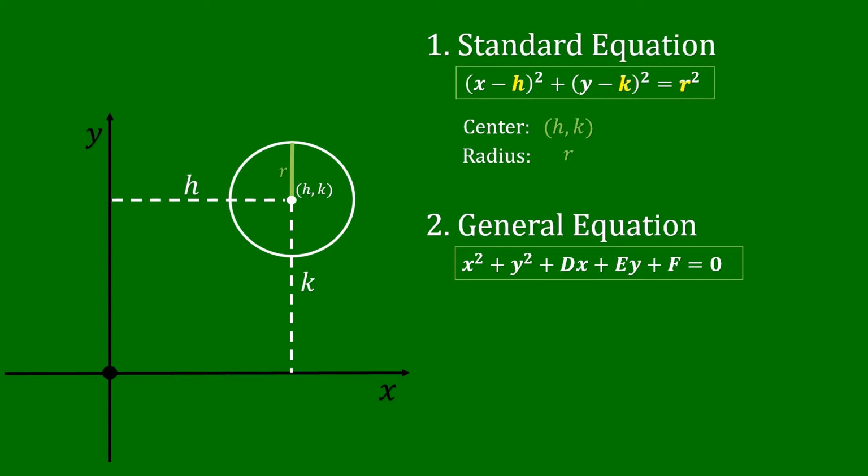Moreover, if we have the general equation of a circle, x squared plus y squared plus dx plus ey plus f equals 0, where d, e, and f are all real numbers, we can also determine the center and radius using this formula. For the center, negative d over 2, negative e over 2, and for the radius, one half the square root of d squared plus e squared minus 4f.